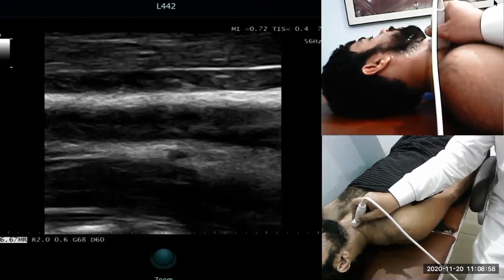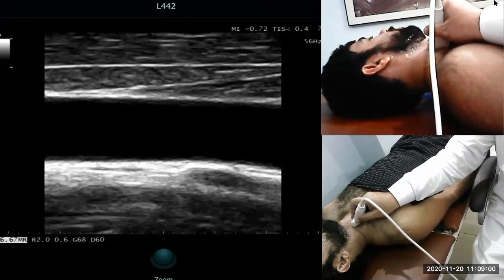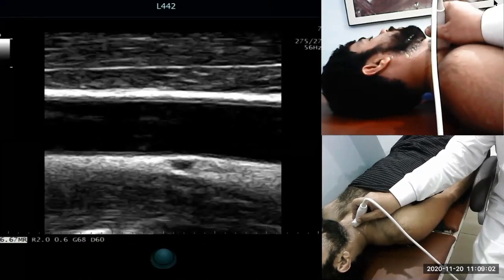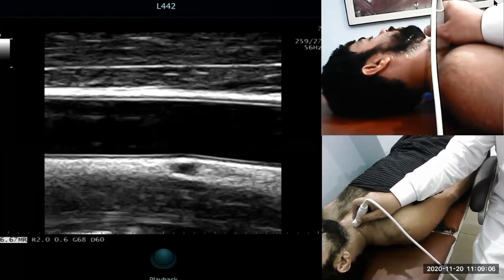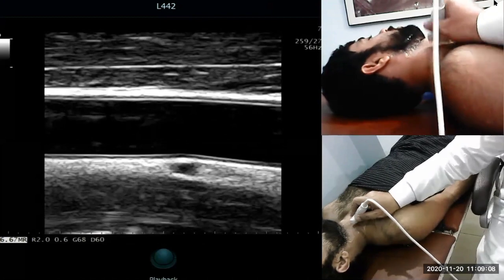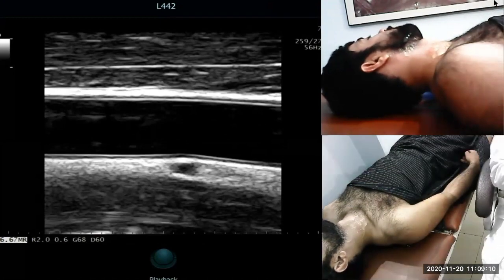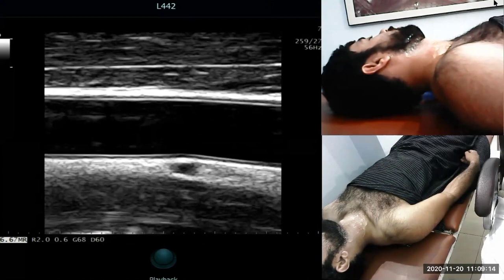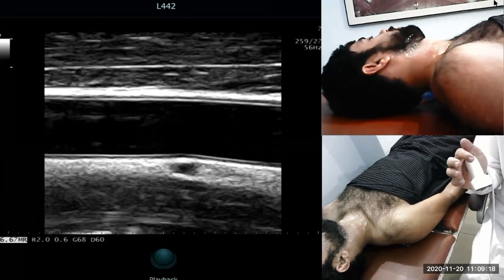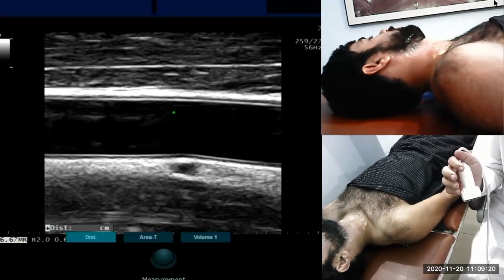I am enlarging the image for you, and you can appreciate now the intima white and the black media.